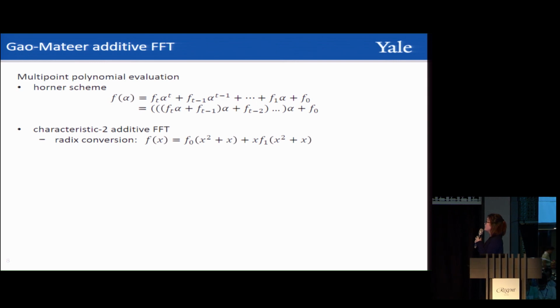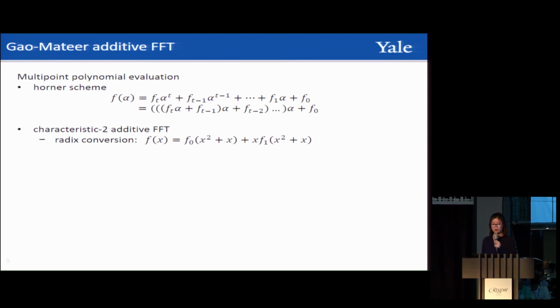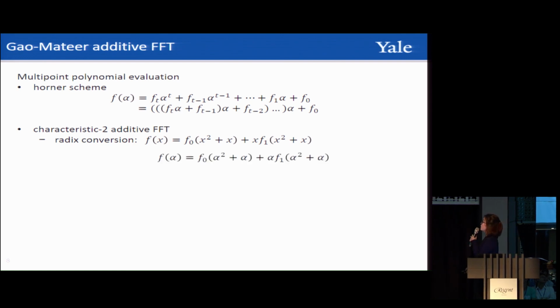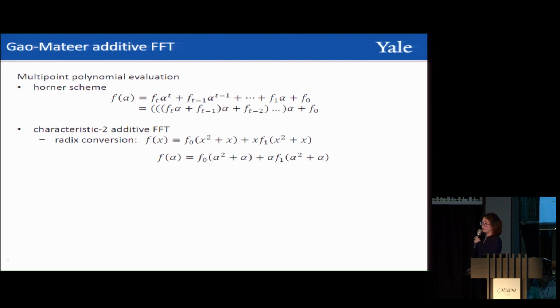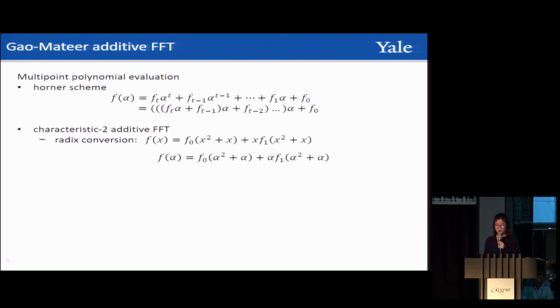And the key step is the radix conversion, which converts your polynomial into two half-degree polynomials. You can simply achieve it by some linear operations. And then once you represent your polynomial in such a form, you can see the evaluation of the polynomial at a point alpha can be easily represented like this.